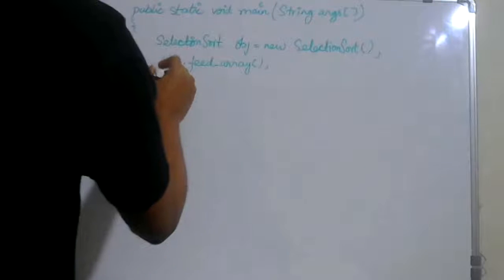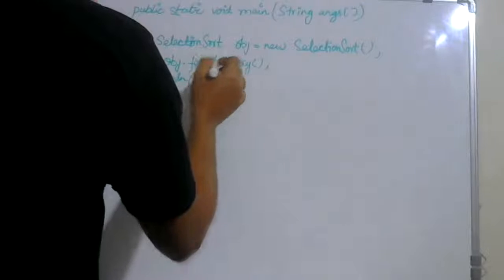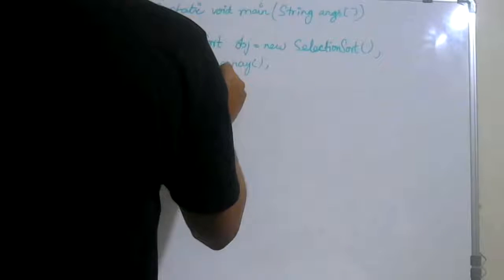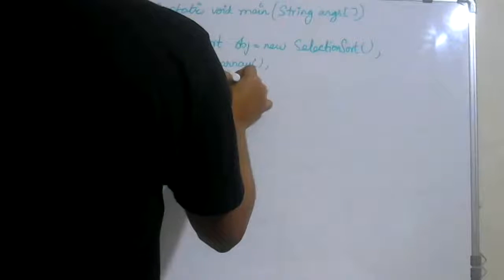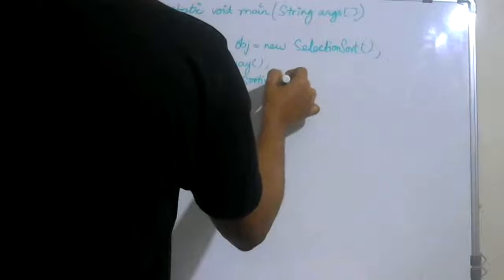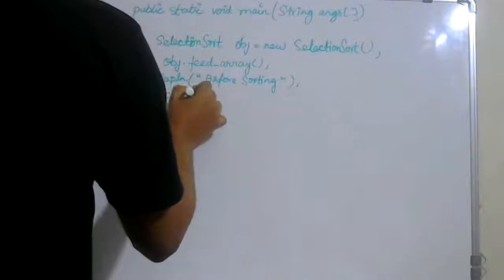Before sorting, we just print the original order of the elements. So we just print a message before sorting, and we call the display method, obj.display.